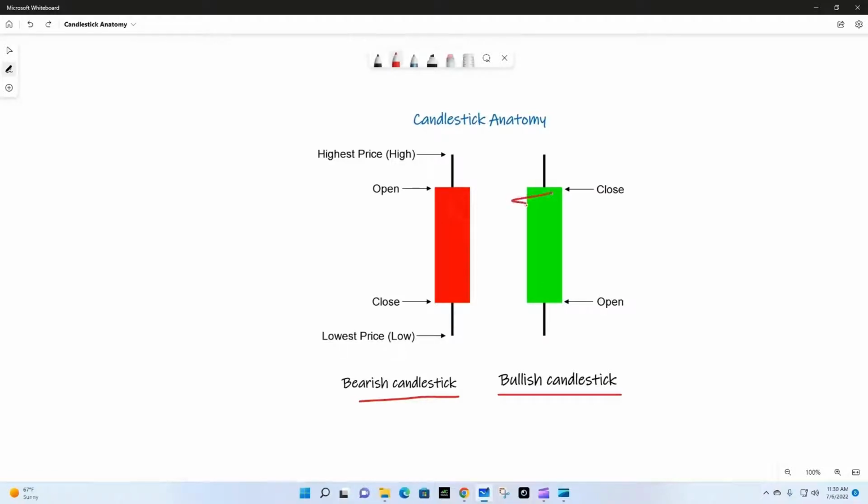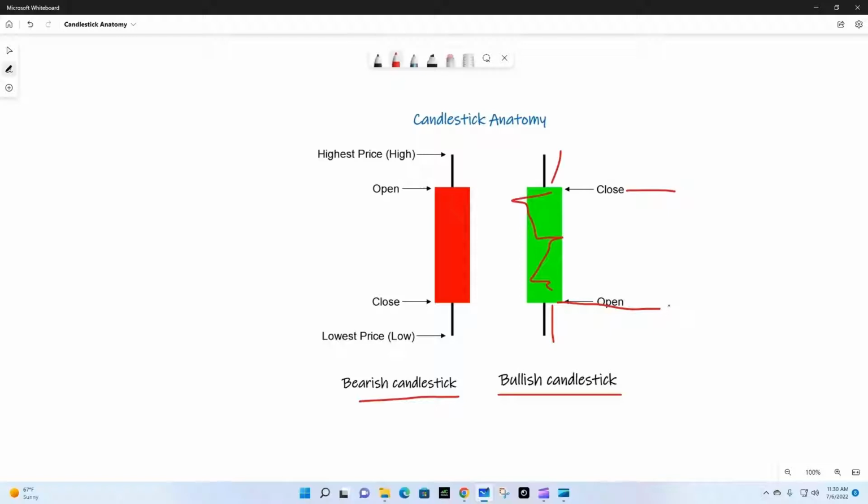So this is our bullish market. This is the body of our bullish candlestick. These are the wicks here, upper wick and then lower wick attached to the body. During the buying session, during the bullish market, price will open at the lower side and then will close at a higher price point.